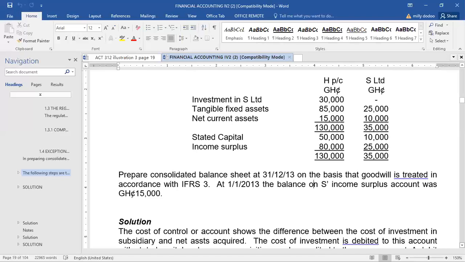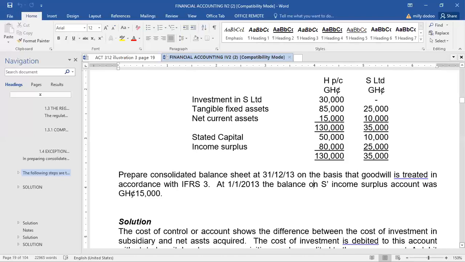So the goodwill they had when they were Ariba is not the same goodwill now that they are MTN. When they test for impairment, they can see that maybe the goodwill initially was 5,000, but now it is 4,500. So the 500 is the loss in the goodwill, which is the impairment.